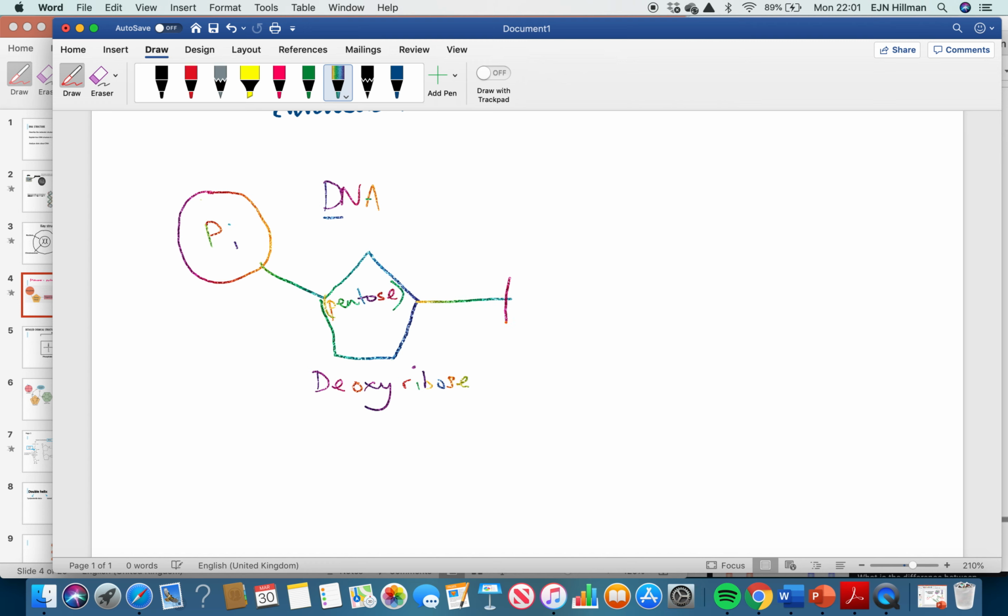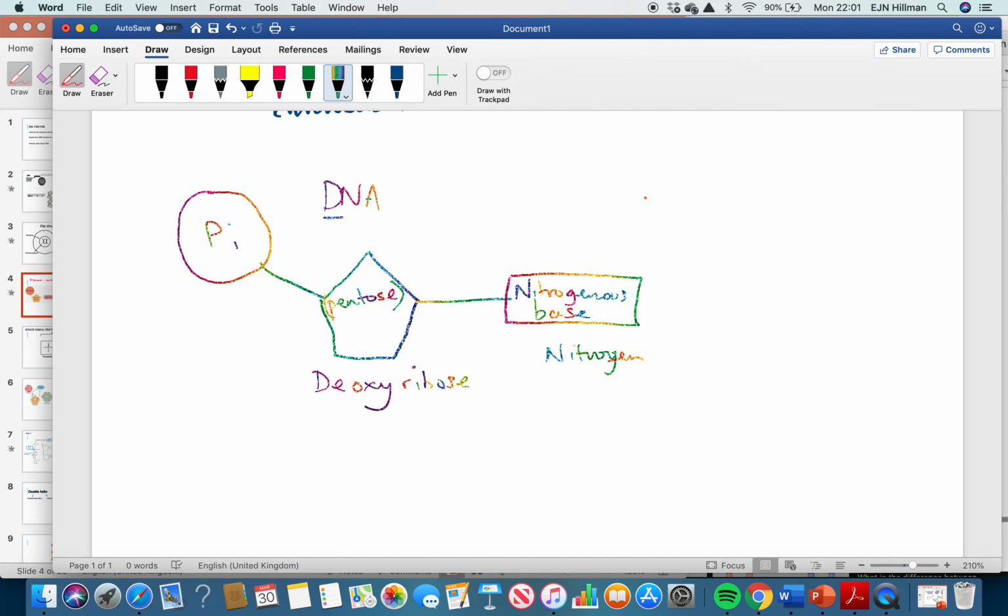And then there is what's sometimes referred to as an organic base. I tend to call it a nitrogenous base. It's nitrogenous because it contains nitrogen.